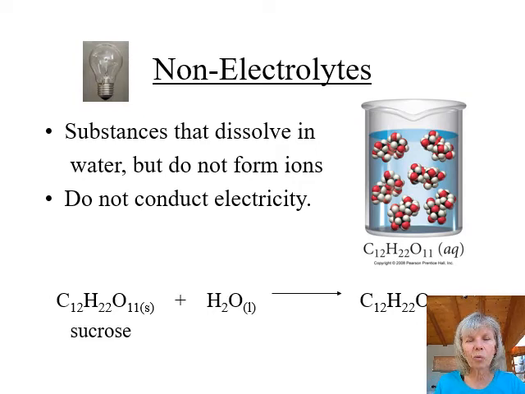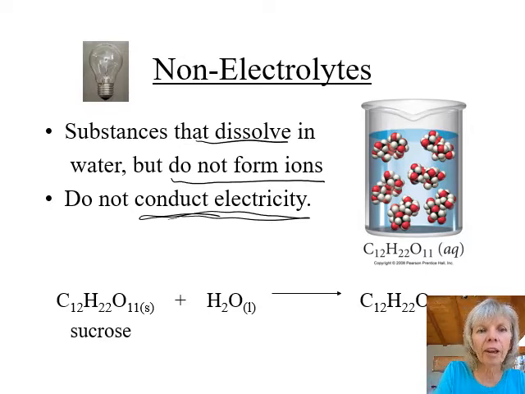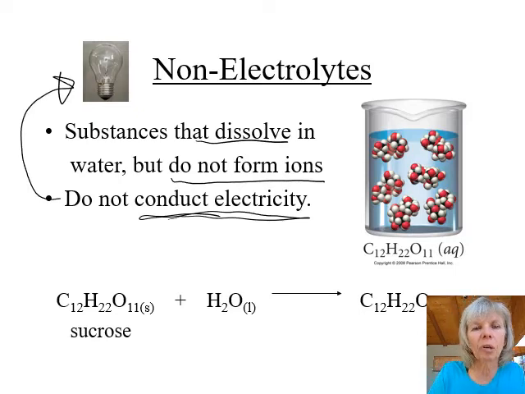Non-electrolytes are substances that, when you put them into water, dissolve, but they don't form any ions. So if there's no ions present, you cannot conduct electricity. So if we were to do our light bulb experiment and our light bulb does not light up, that means there's no ions present.